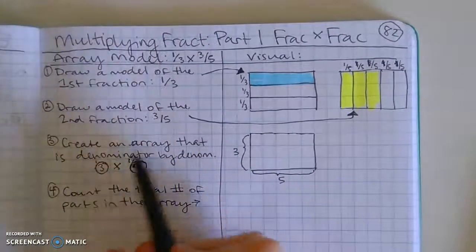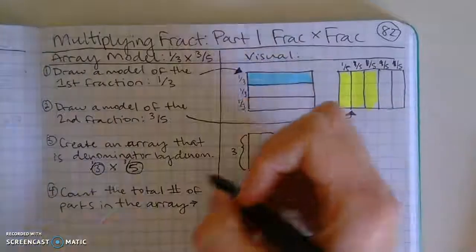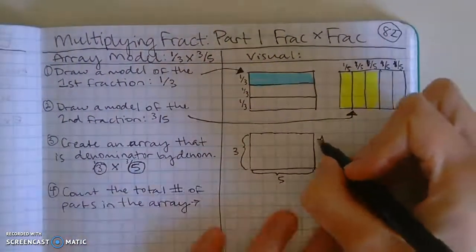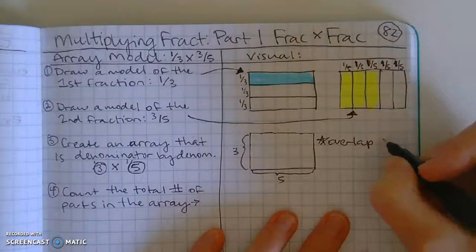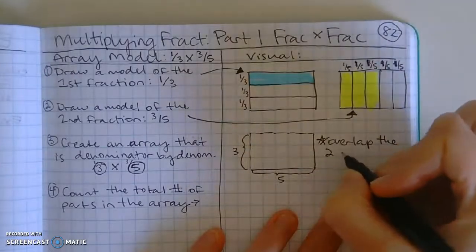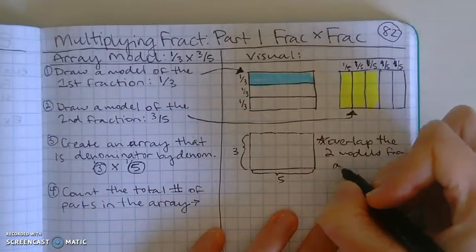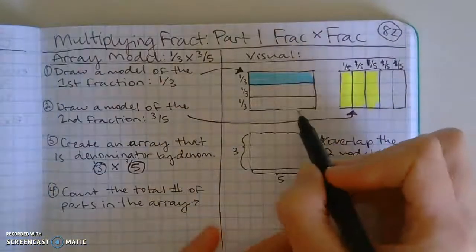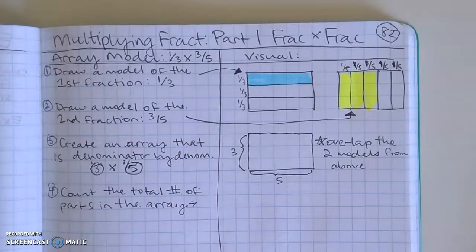Before I do this, I'm going to create an array like we did, and I'm now going to overlap the two models from above. So this model is going to come down. Okay, let me use a different color.